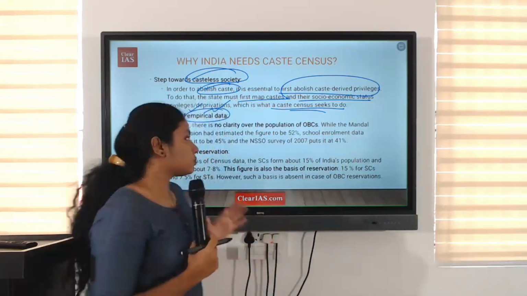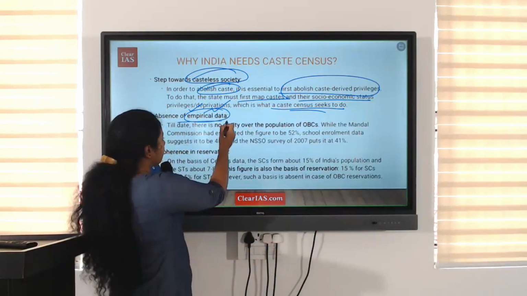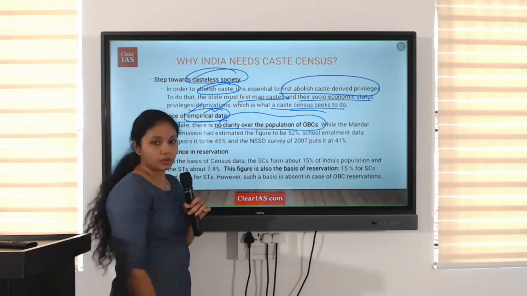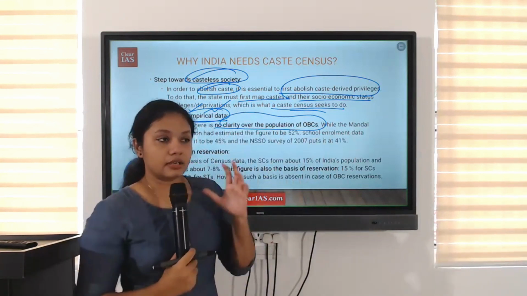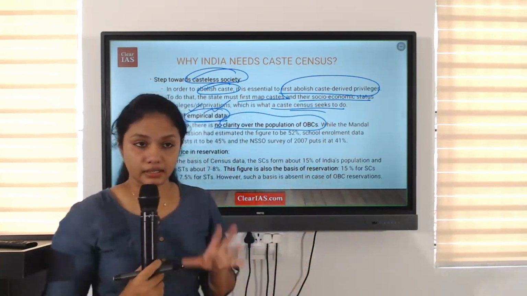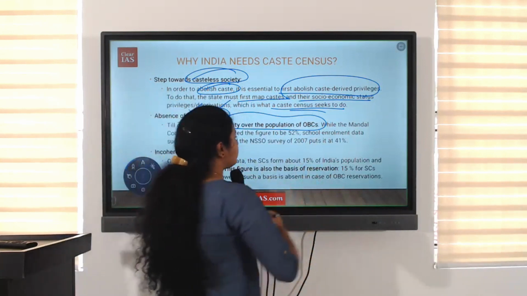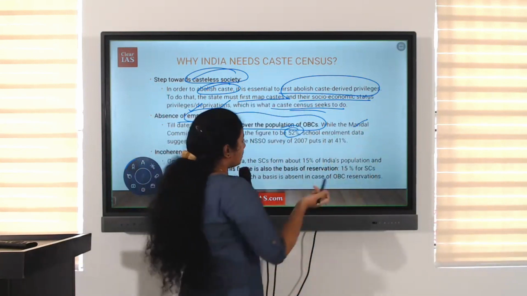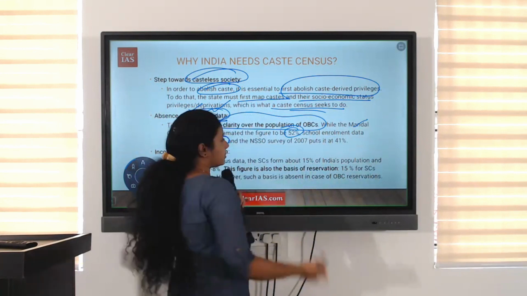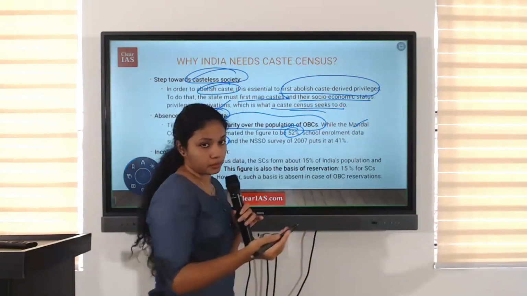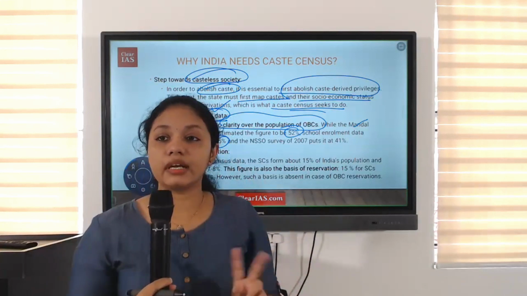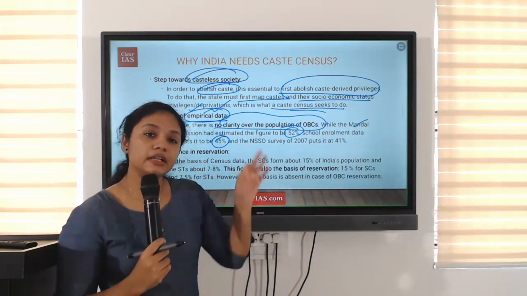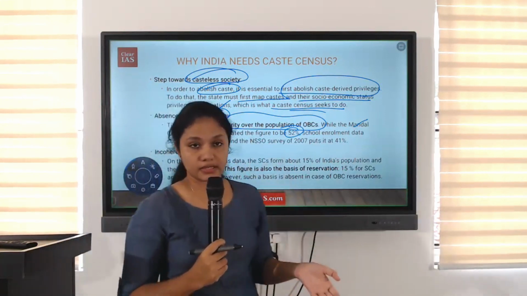There is no clarity over the population of OBC, and there are different assumptions of the OBC population in India. The Mandal Commission says that 52% is OBC population. School enrollment data suggests that only 45% is OBC population, meaning there is a discrepancy between the data of different organizations. So to correctly identify the data of OBCs, we need a caste-based census.